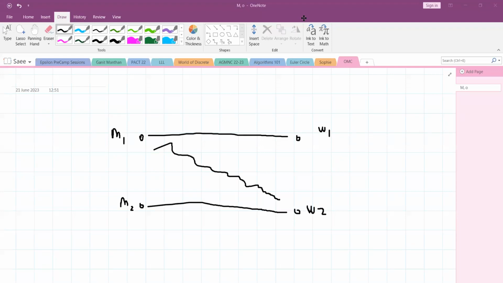For example, what do you think? So, we try to come up with an instance where there is no stable matching. Should be easy, right?